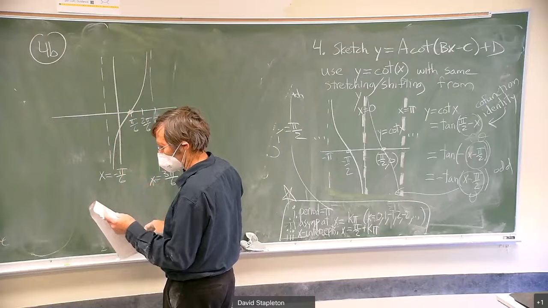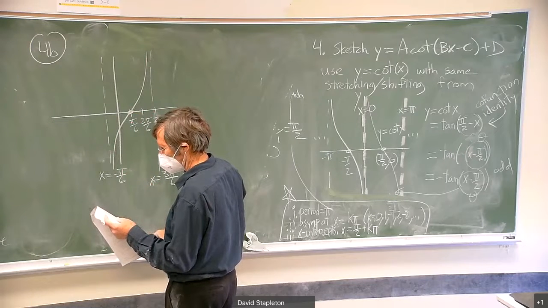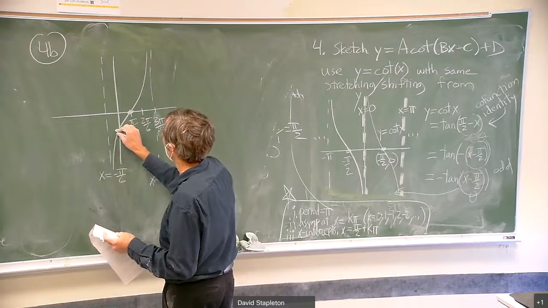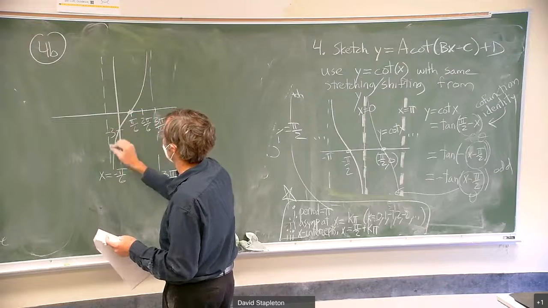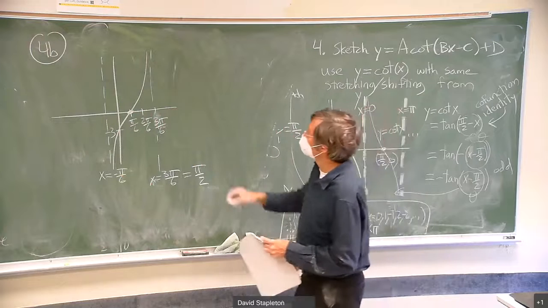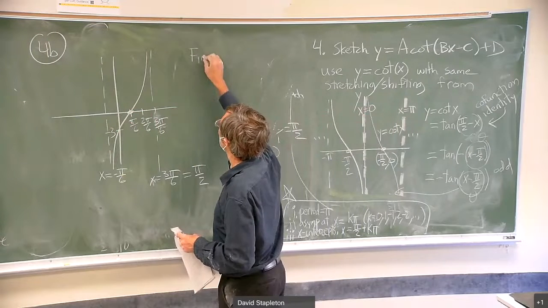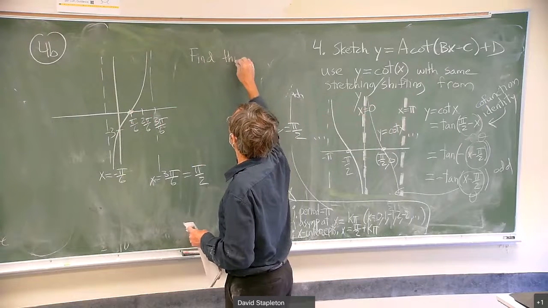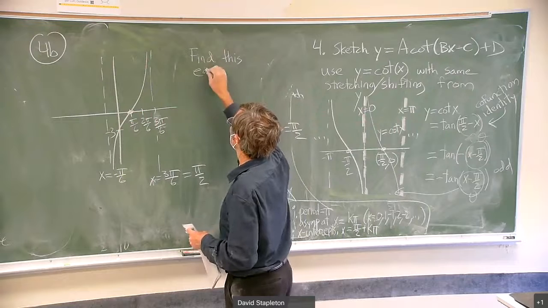And then it crosses through here at -3, looks like. Find the equation of this tangent function.